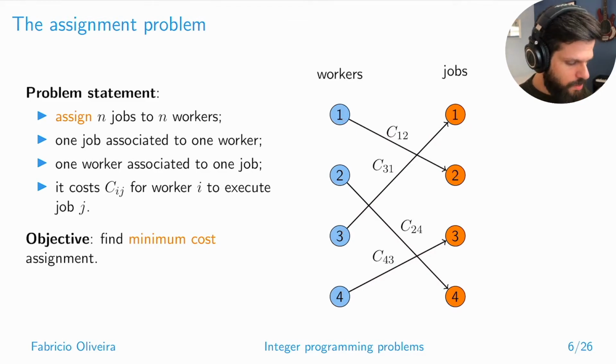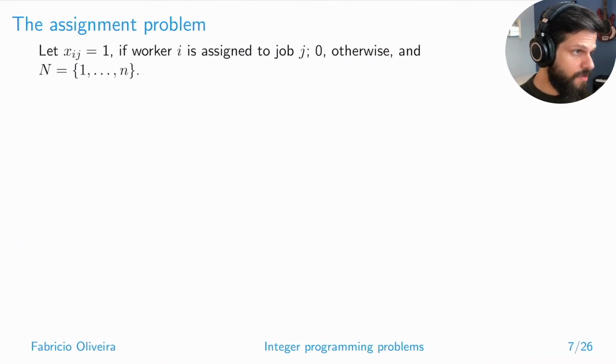Okay, so how do we model this as an integer program? In order to model this as an integer program, we're going to define the variables xij, which will represent whether worker i is assigned to job j, meaning that the pair ij belongs to the solution I'm considering.